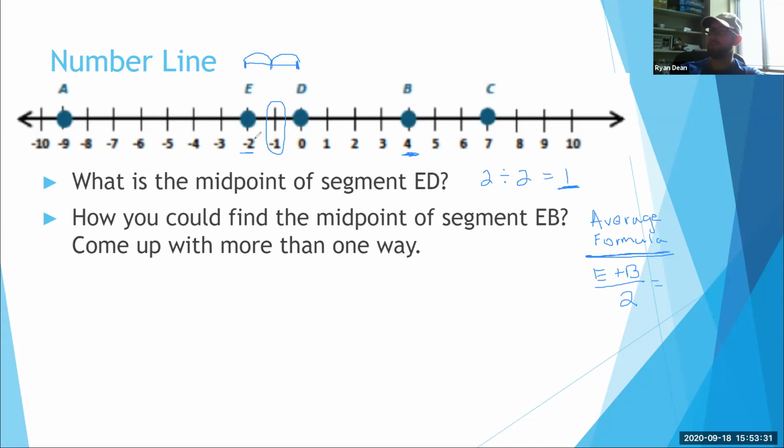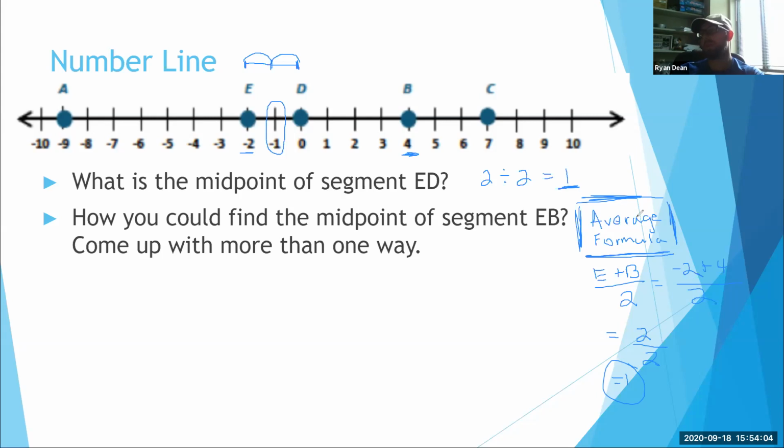So in number terms, we have -2 plus 4, divided by 2. So -2 plus 4 gives me a +2. And I divide that by 2. And I get an answer of 1. So this is another way that you can figure out what a midpoint is, by using the average formula.